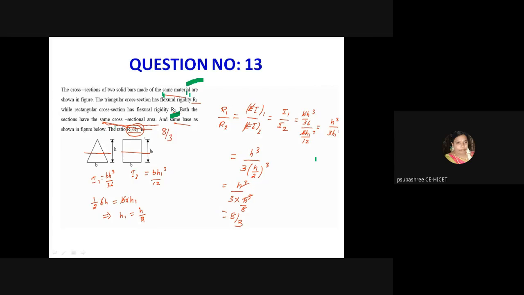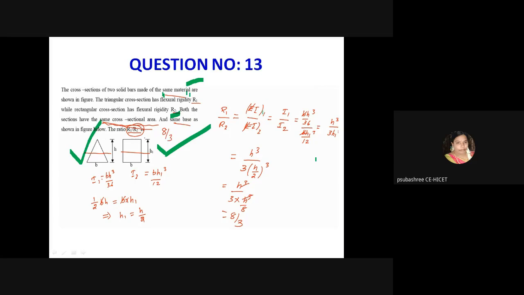Both sections have the same cross-sectional area and same base as shown in the figure. What is the ratio of R1 by R2? The first one is triangular and the second one is rectangular. Refer to the drawings.